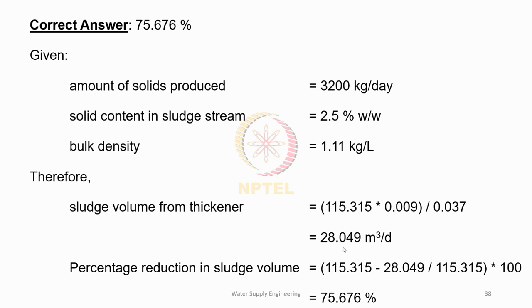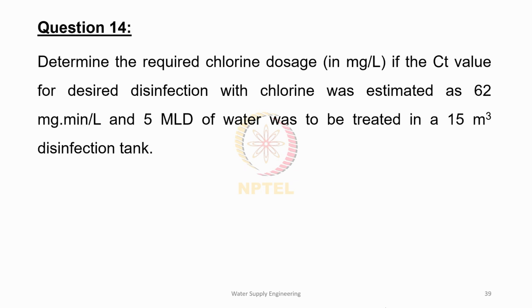So we know the initial sludge volume and the final sludge volume now. So to determine the percentage reduction, initial minus final by initial into 100 will give you a value in percentage. Is that clear? Yes. Okay. So we'll move on to the next question.